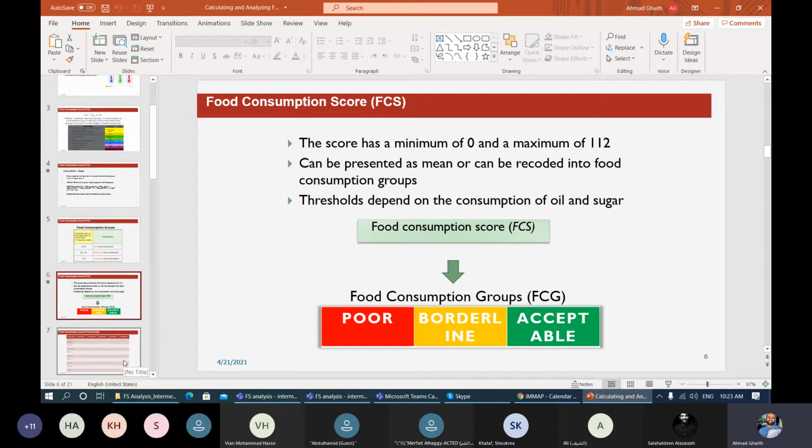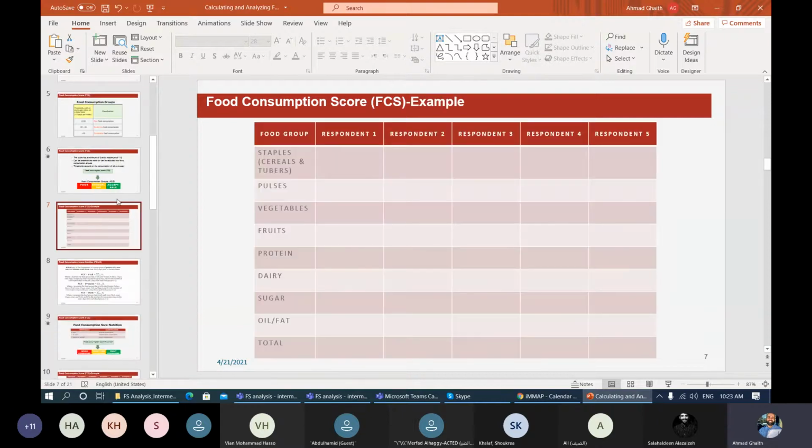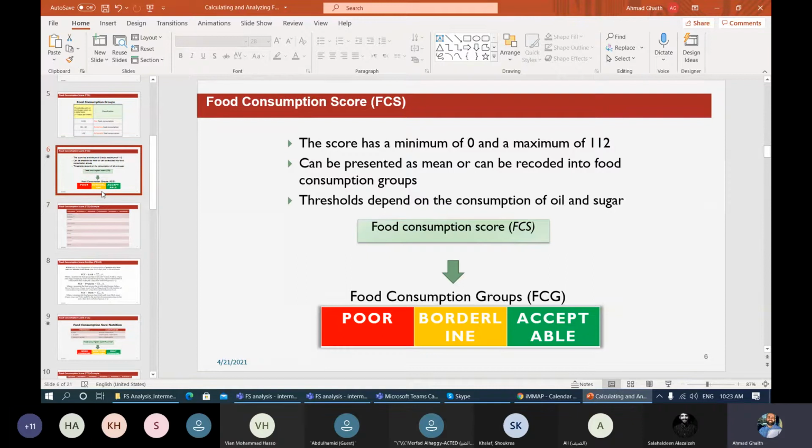So food consumption score, again, we can analyze it as a value in its own right. Obviously, we can also recode it into groups. The groups are a good way at a population level to get a sense of who is meeting a threshold that we define.